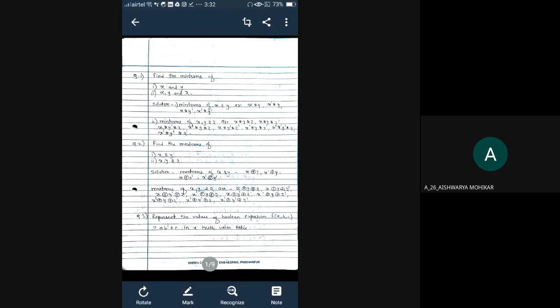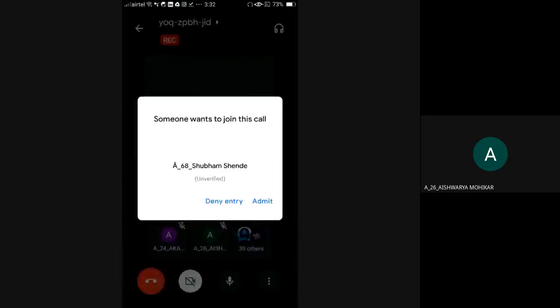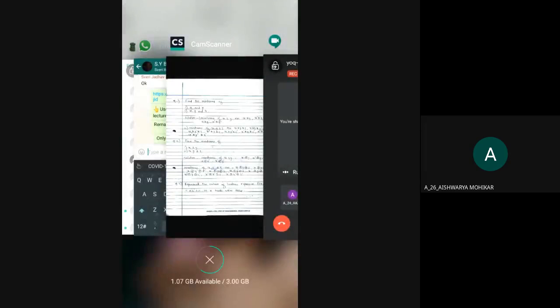So, what is the formula to find the number of minterms based on the given number of variables? If there are two variables, how many possible minterms are there? Two raised to n.